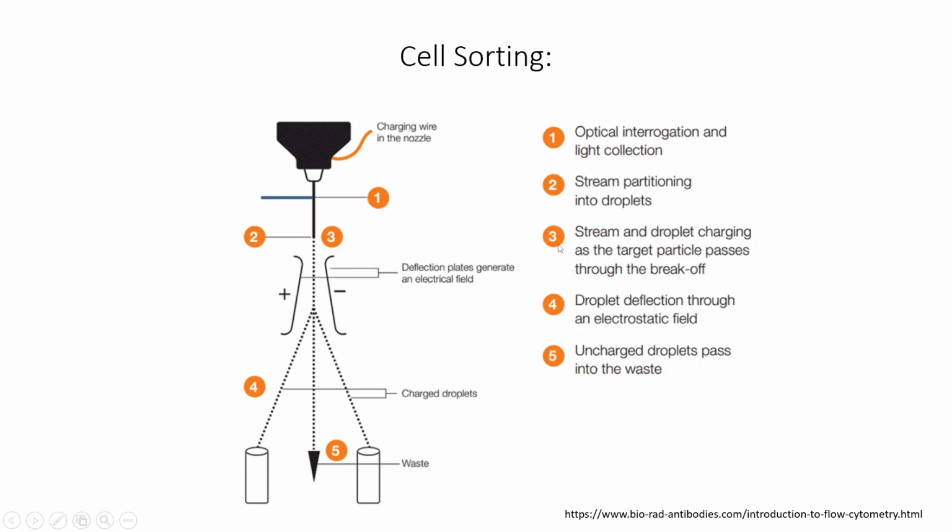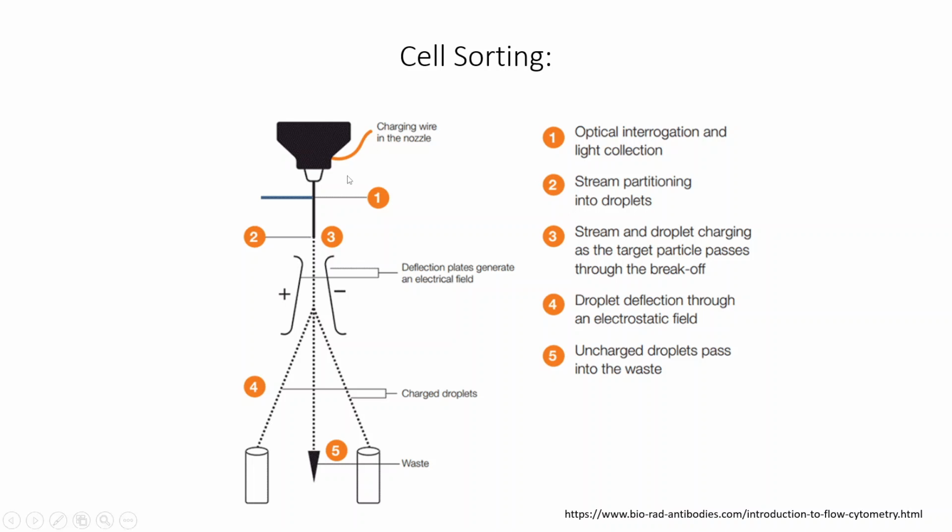Cell sorting, on the other hand, is a technique where, as I mentioned, the sample is saved. So after you finish studying what the different properties of the cell are, and you say, okay, I only want big cells that have GFP expression, then you will deflect the cells based on that.